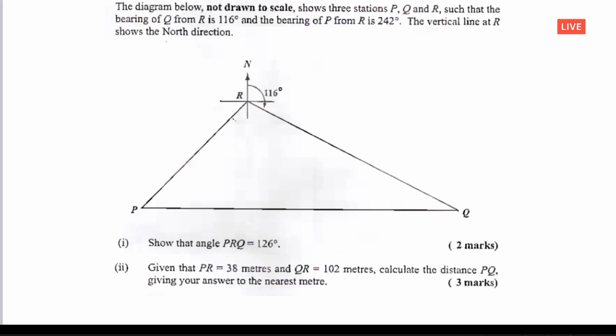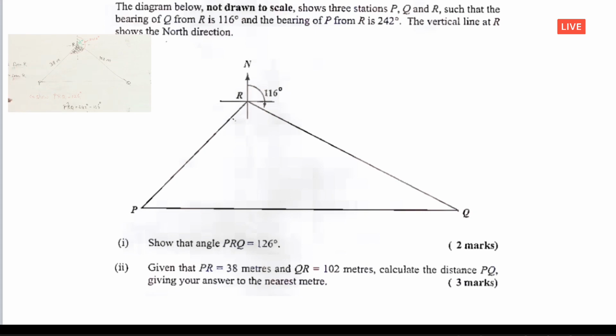Then the next part of the question asks us now to calculate the distance of PQ, given that the line from P to R is 38 meters, and the line Q to R is 102 meters.